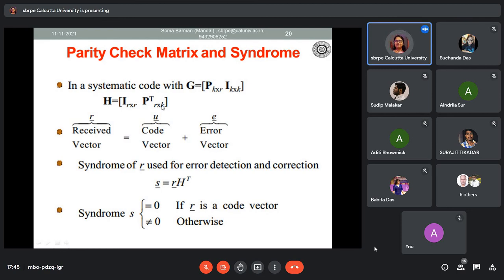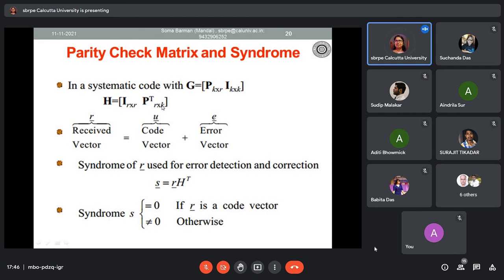At the receiver we receive the vector R. R is the code word vector U plus the error vector E. If E is equal to 0, then obviously R is equal to U. So how can we check whether there is any error or not?